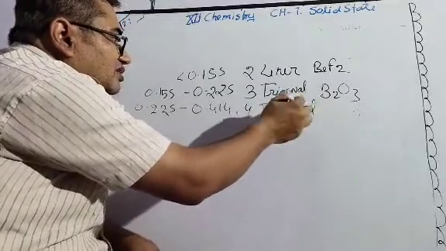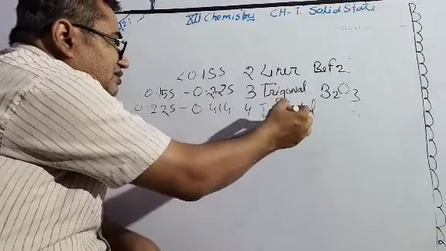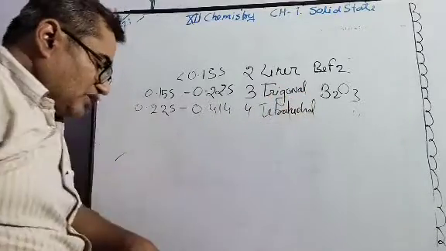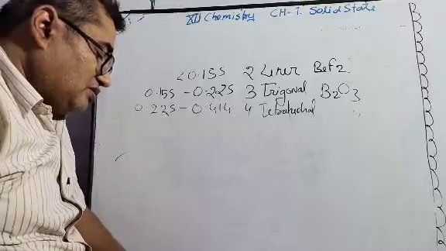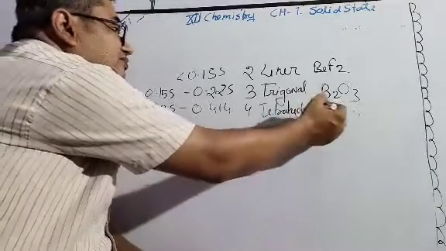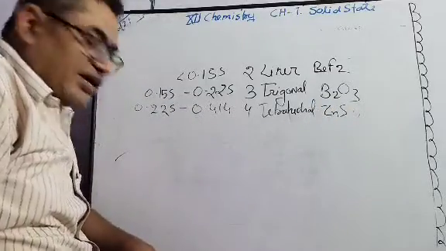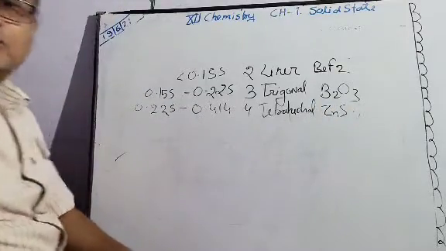The example for the tetrahedral is ZnS. Understand?